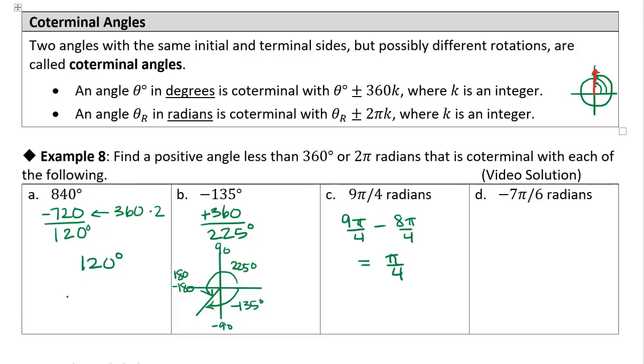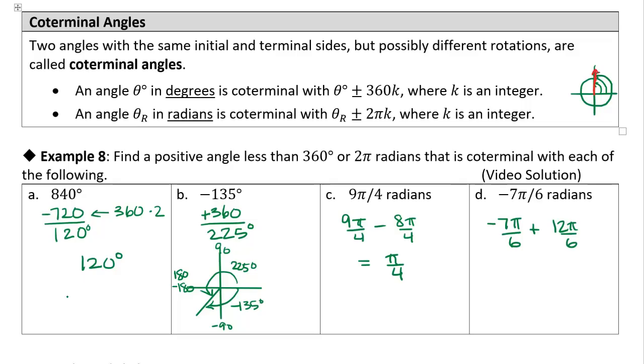We have one more here: negative 7 pi over 6. That one's negative, so let's add 2 pi, and hopefully that'll make it positive. Now my denominator is 6, so 2 pi is the same as 12 pi over 6.